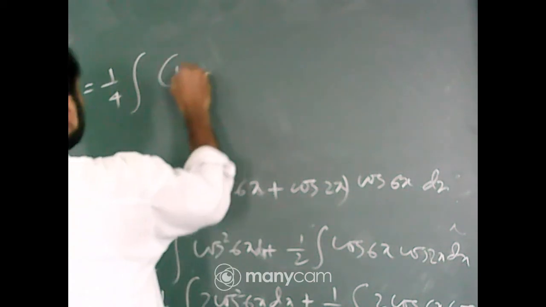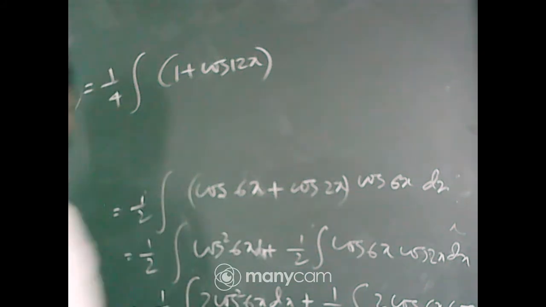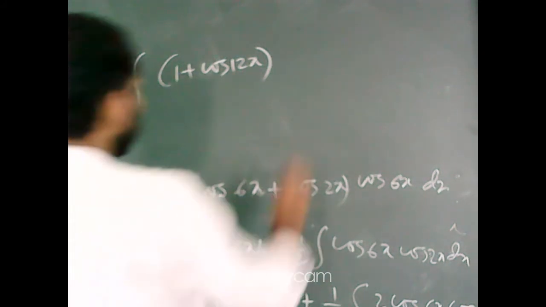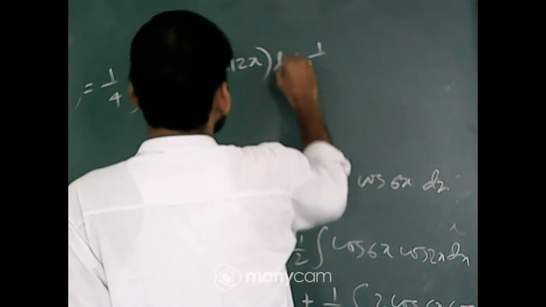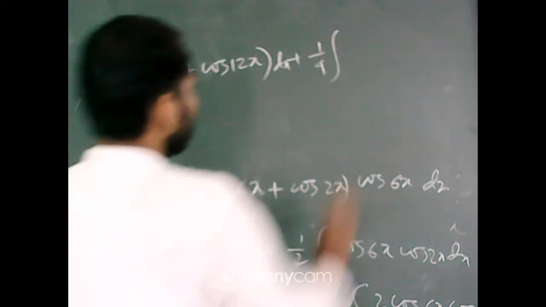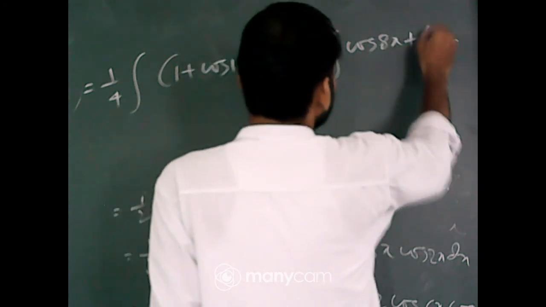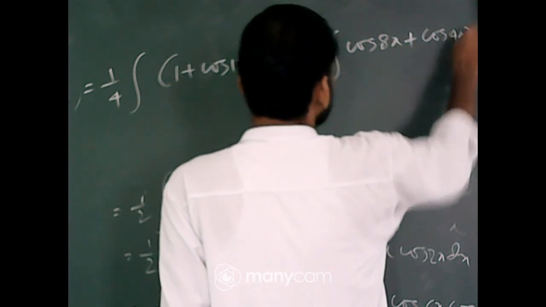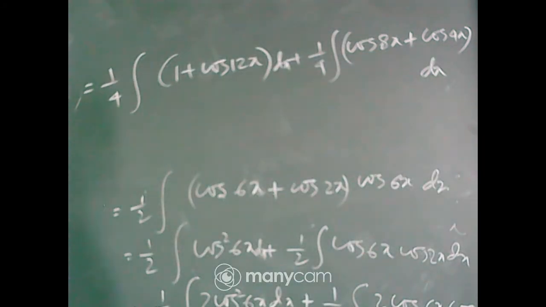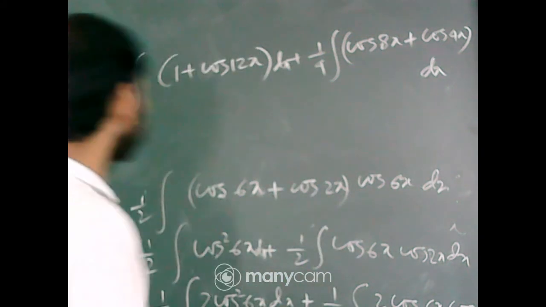So, 1 plus cos 12x for the first one, and for the second one it will be again 2 cos a cos b. So, cos a plus b means cos 8x plus cos a minus b means cos 4x. Cos a plus b means cos of 6x plus 2x, that means 8x, and a minus b means 6x minus 2x, that is 4x.